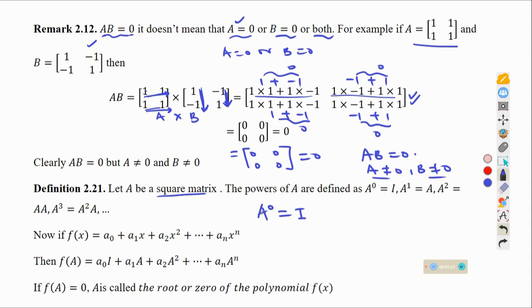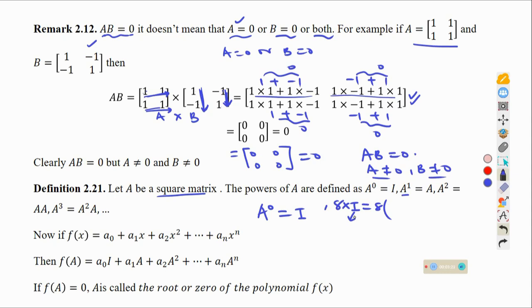So instead of having, for example, a number like 8 when we are talking about matrices, we can have 8 times I, which is 8 times the identity matrix I. But I will have the order depending on the order of A that you will be considering.